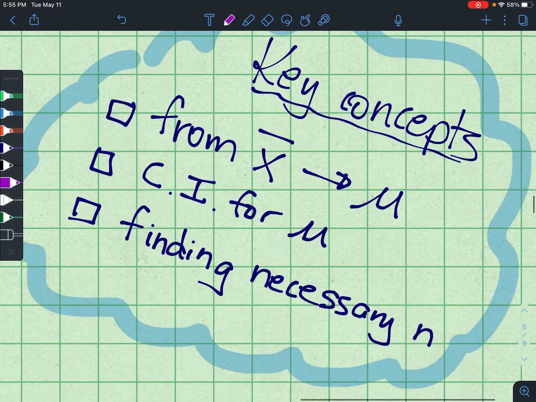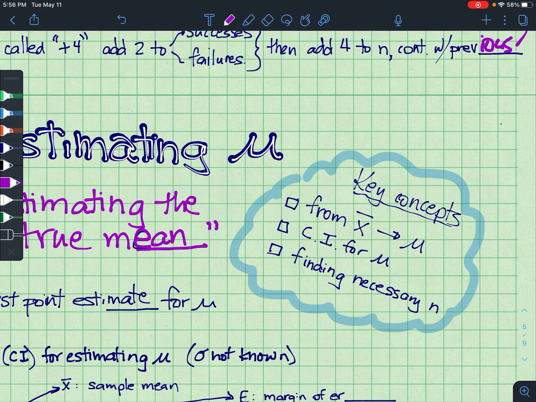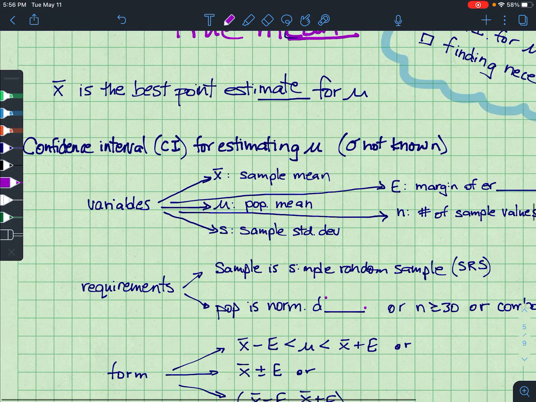So we will be going from what we call the sample mean to the population mean, then looking at the confidence interval for mu, and finally finding a necessary n value given a certain confidence interval. Like, how many data points do I need to be confident of our mean?